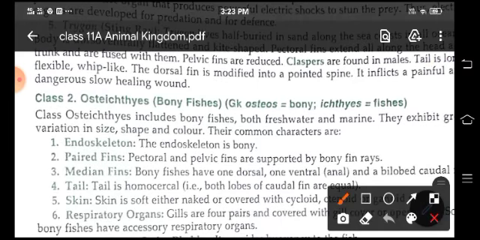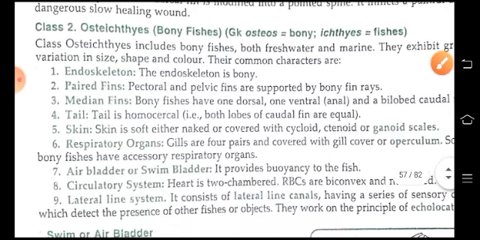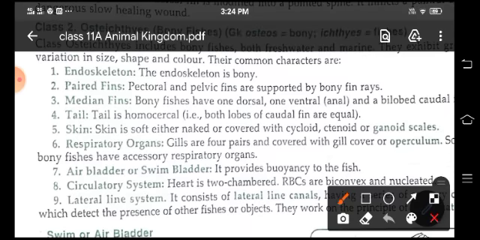Now next is class Osteichthyes, which means bony fishes, living in both freshwater and marine. They show variation in size, shape and color, and their endoskeleton is bony. They have pectoral and pelvic fins. Bony fishes have one dorsal, one ventral and bilobed caudal fin. Tail is homocercal. Skin is either soft or sometimes covered with cycloid, ctenoid or ganoid scales.